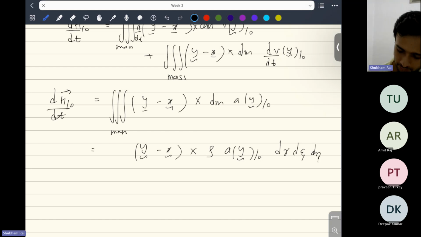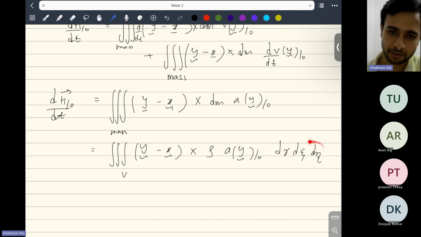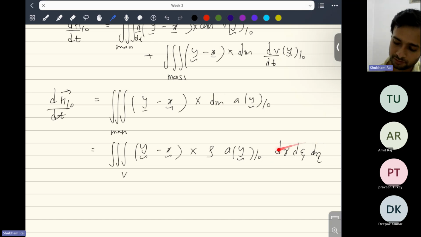And you are integrating now with respect to volume because you have taken the density outside. So dm I have written as rho dv, nothing else.